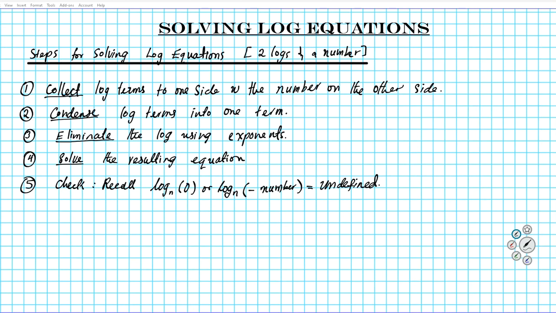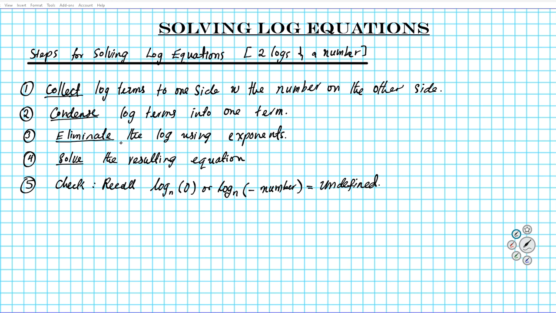Alright, to get us started, let's do a real quick review on the steps for solving log equations. We went over this in the previous presentation. So here are the 5 steps. To solve it, you're going to use steps 1 to 4, the CCES steps, and then step 5 is just to check. First, you collect the log terms to one side with the number on the other side.